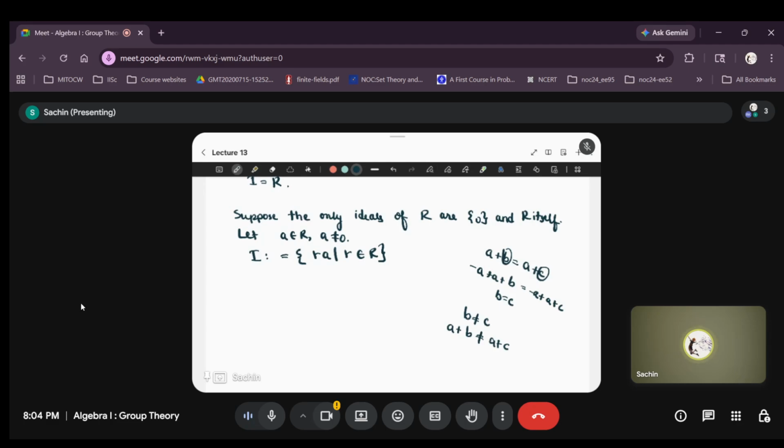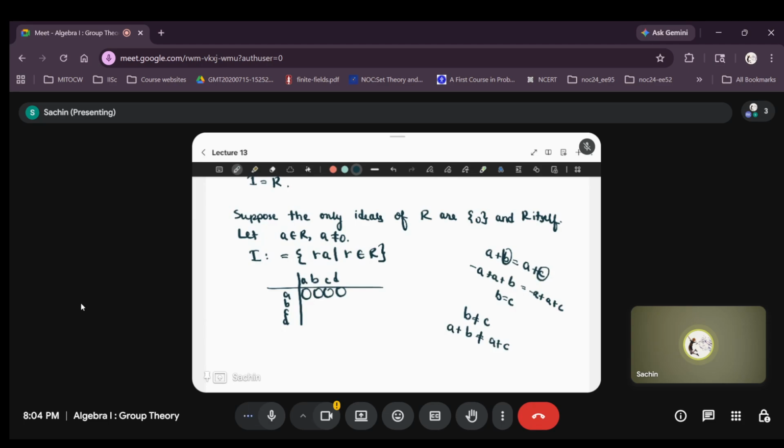You remember the Cayley table? You had elements A, B, C, D along the row and column. This element was A plus A, this was A plus B, this was A plus C, this was A plus D. Remember that?